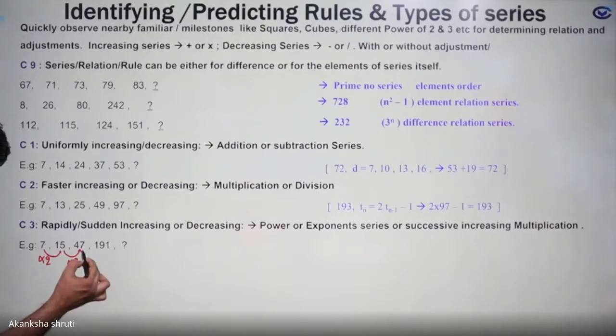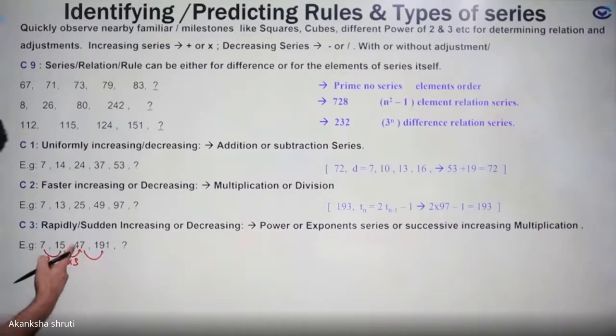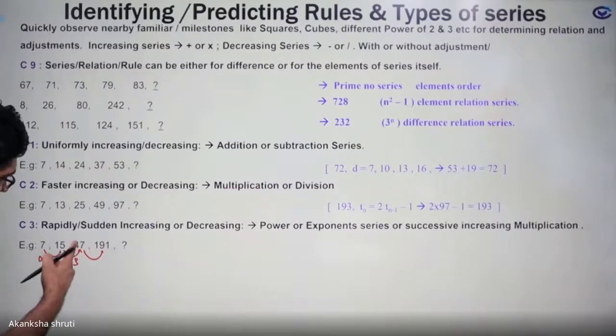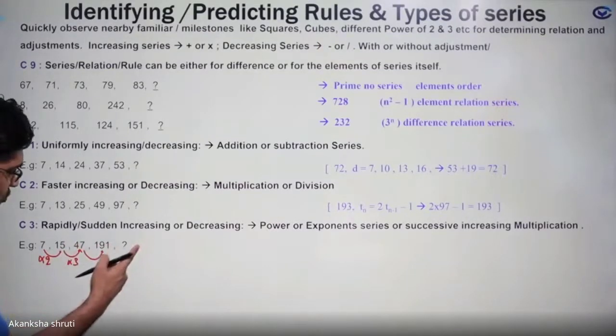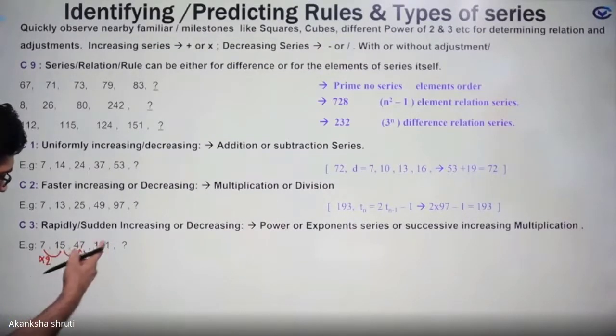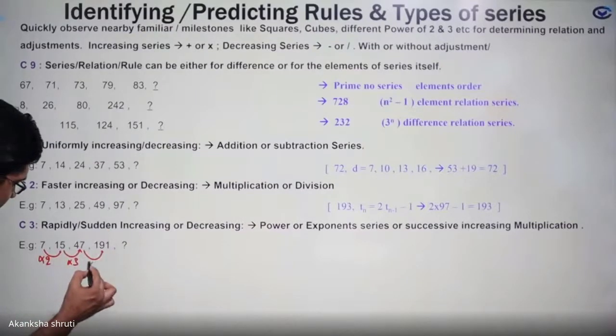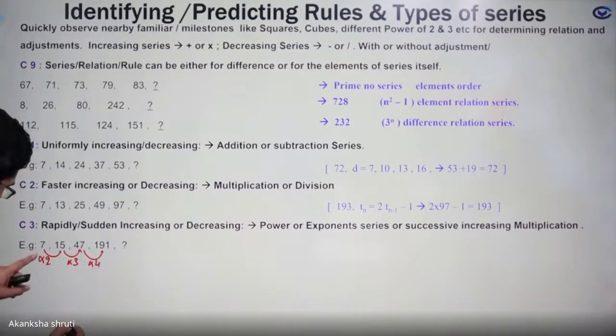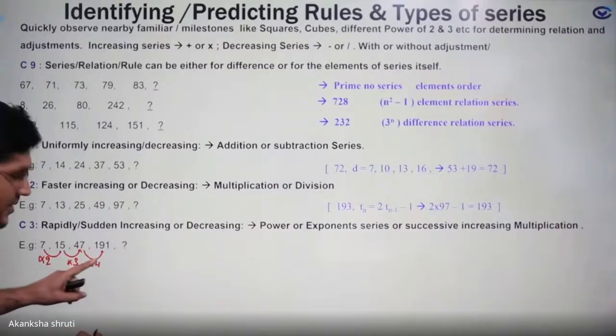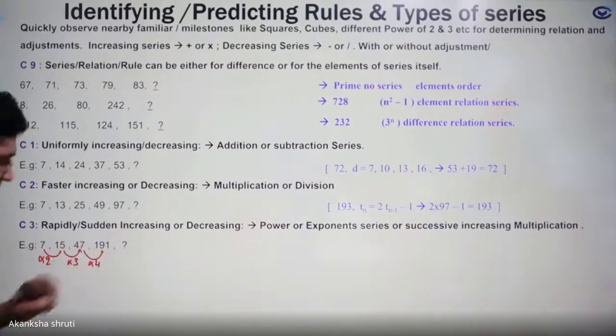Then this 47, we are getting that it is nearly 4 times, because 15 fours are nearly 200, 47 is closer to that. So here we are observing it is nearly a multiplication series.